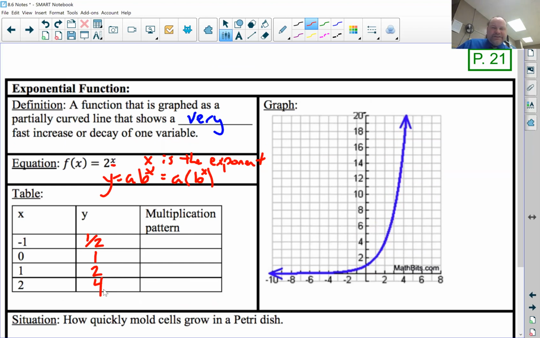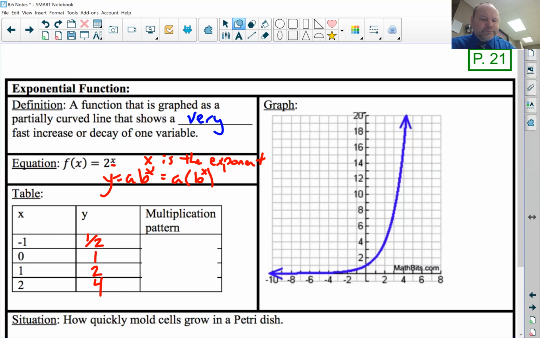The pattern here is not a difference pattern. You won't be able to take and subtract and get the pattern to be the same number every time. The pattern here is actually multiplication. To go from 1/2 to 1, we multiply by 2.